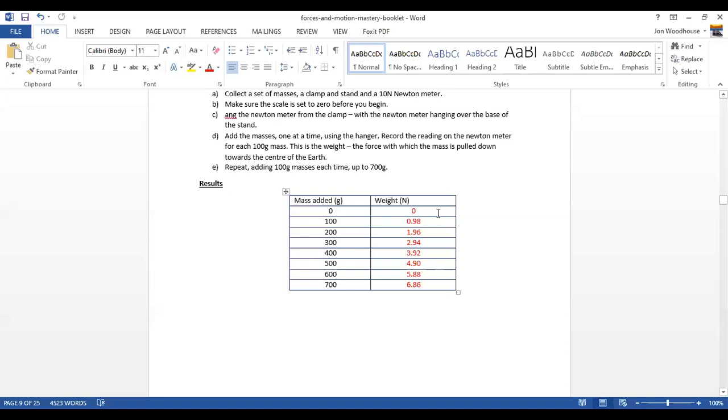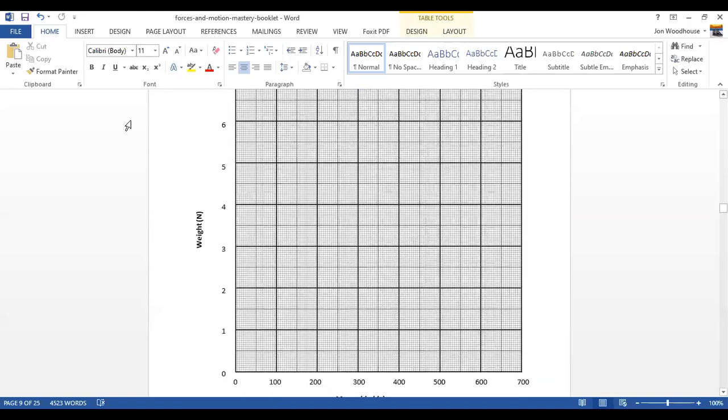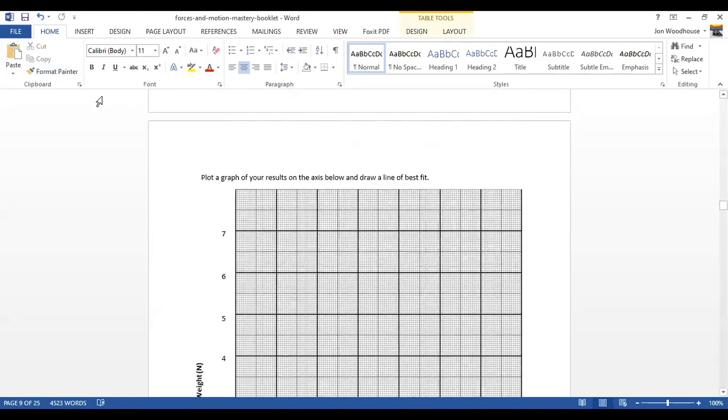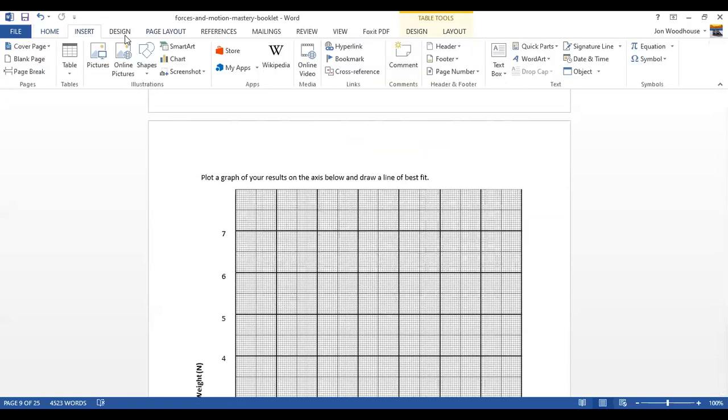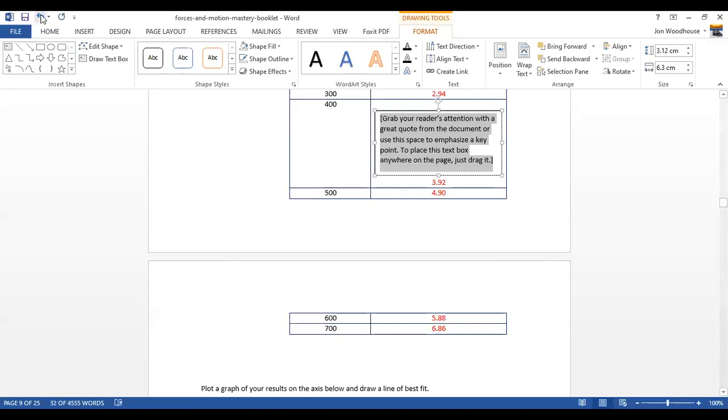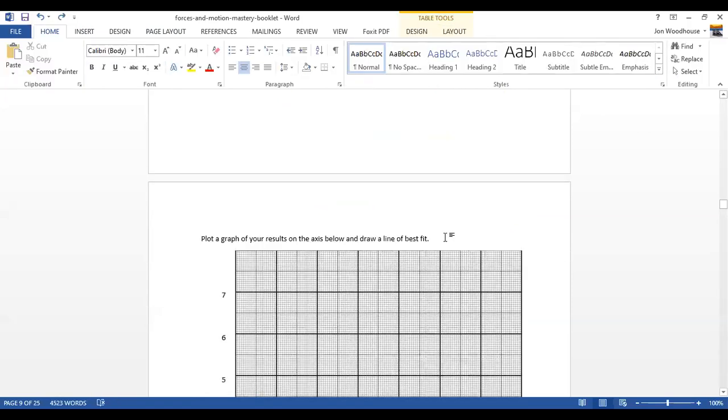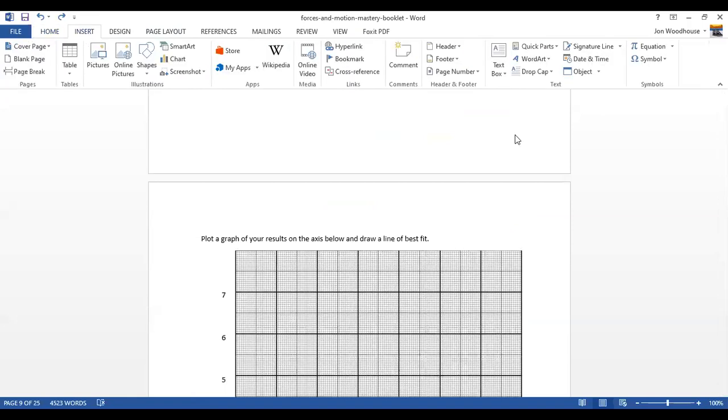I'm just going to take a number of these. I'll take 0, 1.96 and 3.92. So if I want to plot a graph on here, rather than print this off, then I can go to Insert, Text Box, undo that, wrong place. So I'll put it there, Insert, Text Box, there we are.